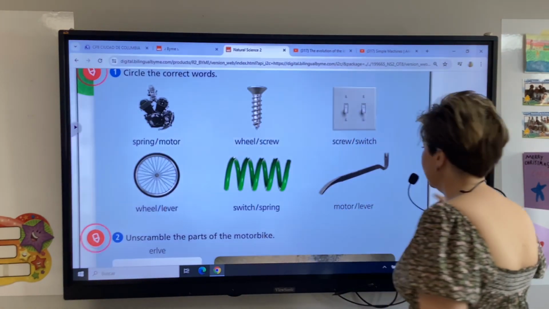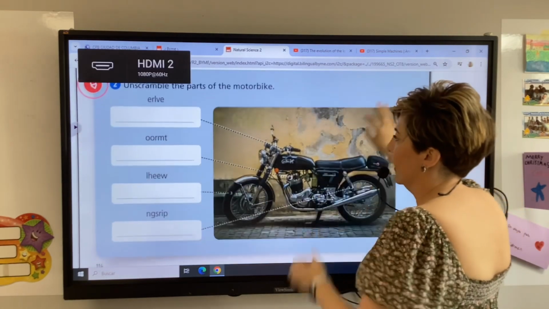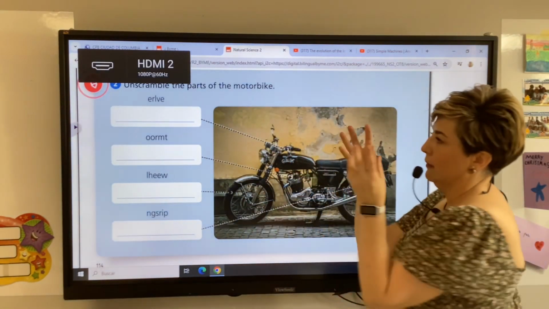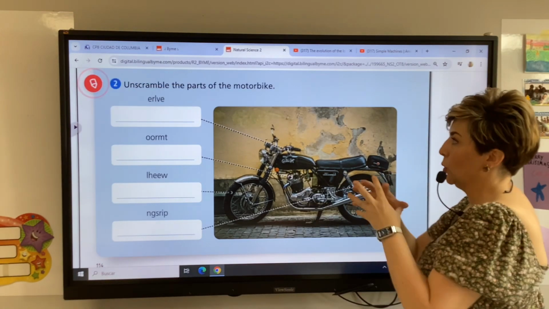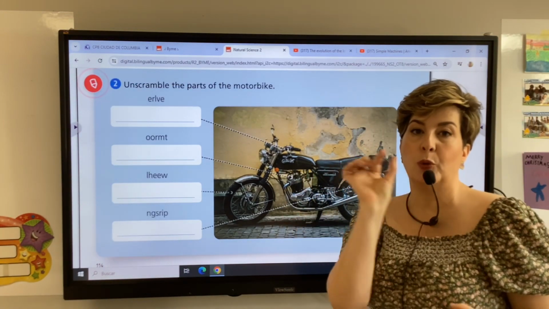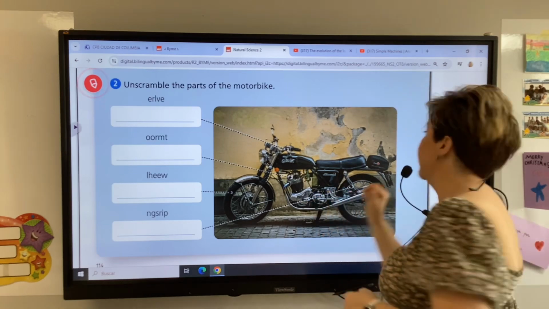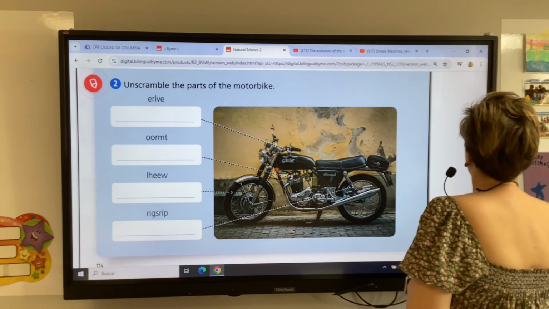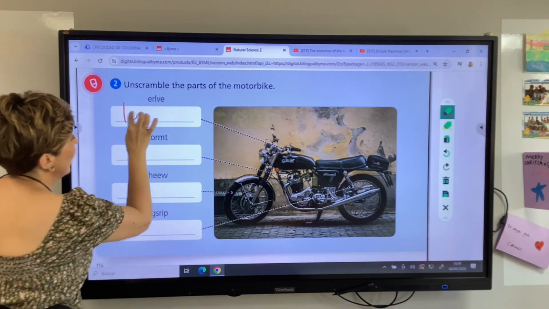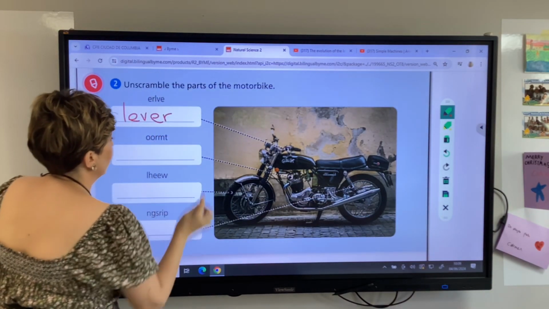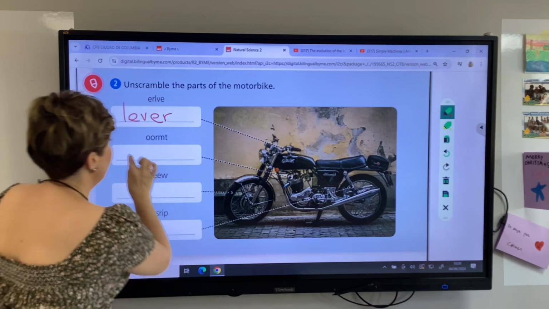In American English, lever. And here we had all the letters scrambled, and we had to unscramble, so to put the letters in order. Let's see how we do it. The first one is, if we put the letters in order, lever. This is a motor.